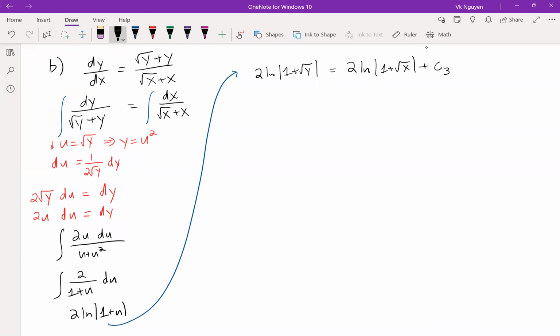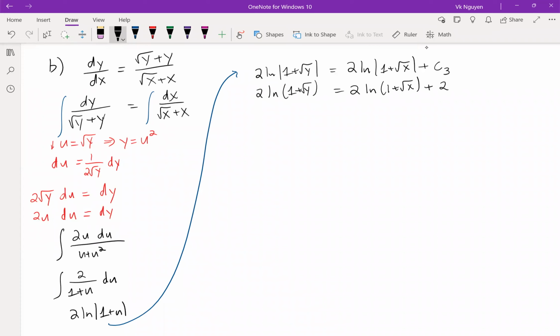The reason why I write c3 is because I can change c3 into another constant. Well, square root is positive, meaning we can drop out the absolute value. 2 ln 1 plus root y equals 2 ln 1 plus root x plus c3.